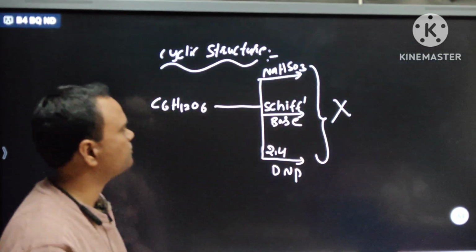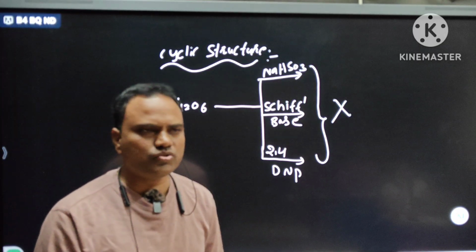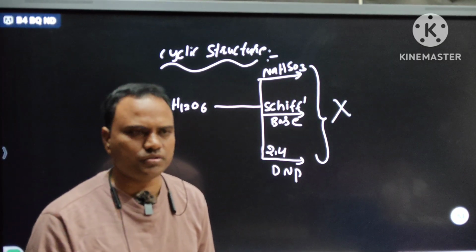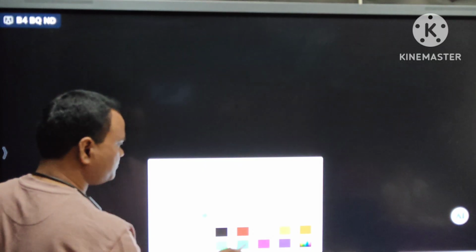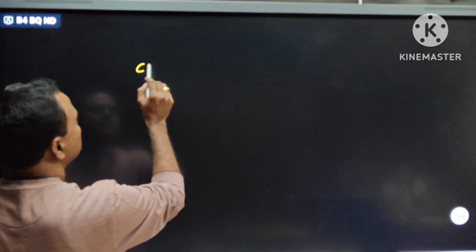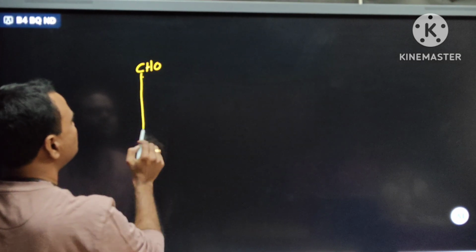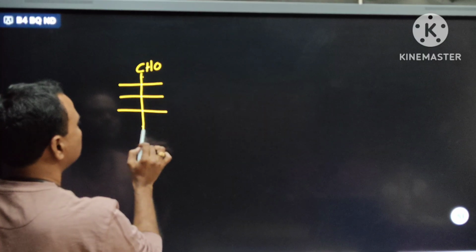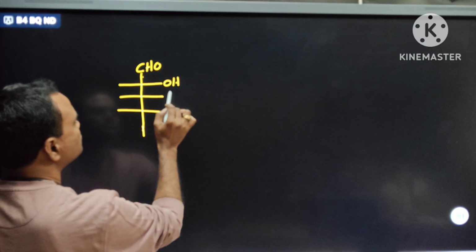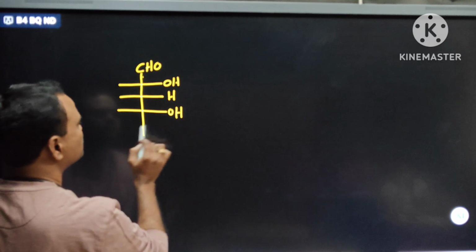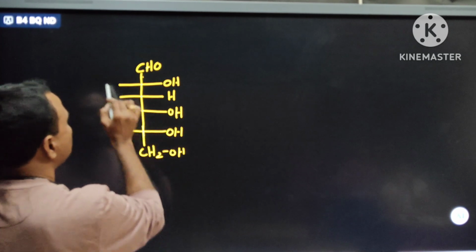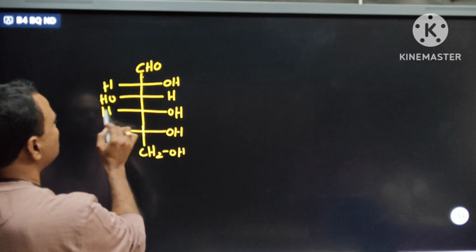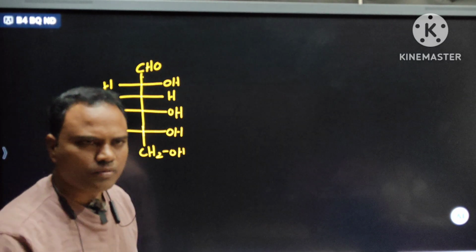Next, continuation. Okay. Glucose is present in the cyclic structure. Let us see the cyclic structure directly and how the cyclic structure formation takes place. CHO. This is the open chain structure. See, I will tell you one trick to draw the structure of glucose.